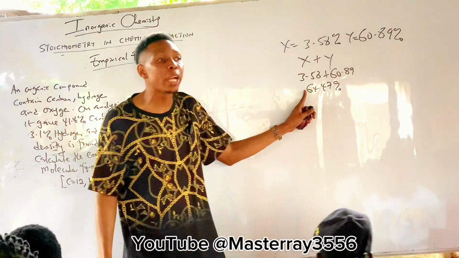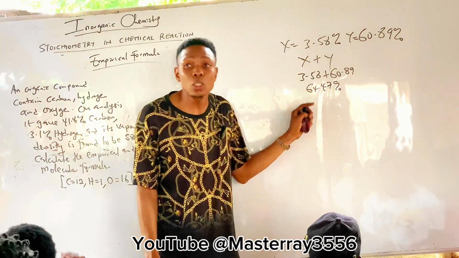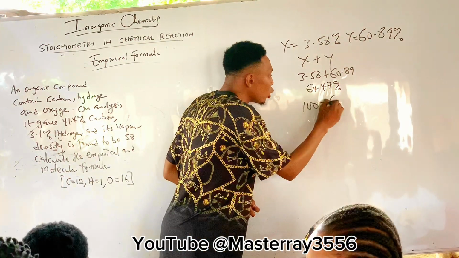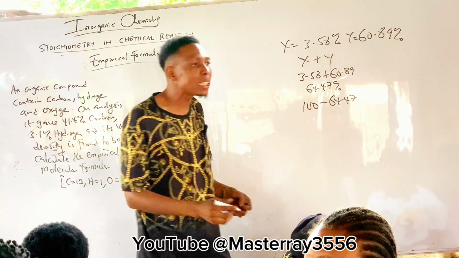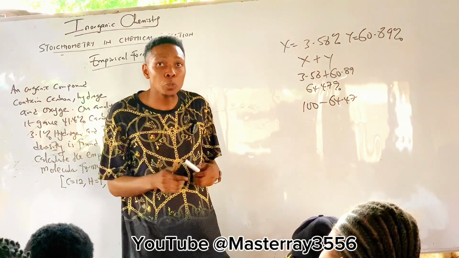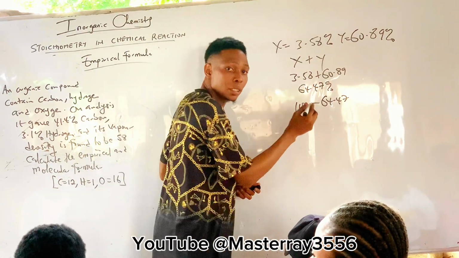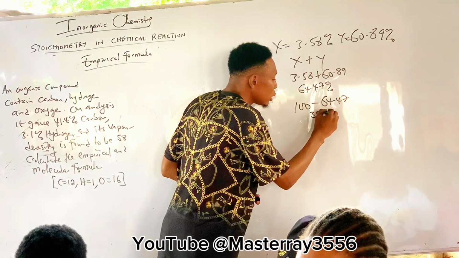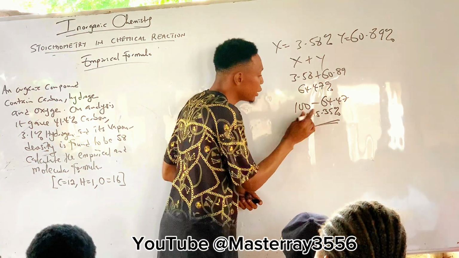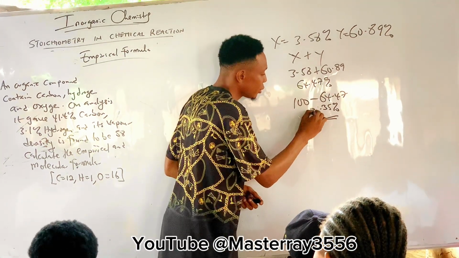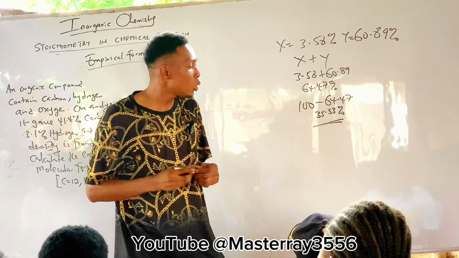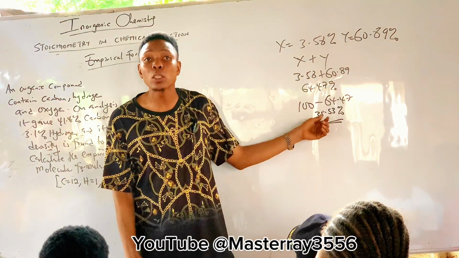47%. Is it up to 100? So that means this is not yet complete. What you do is 100 minus 64.47. Are you getting it? So 100 minus 64.47, what do you have? 35.53%. So you now take this one to be your oxygen.